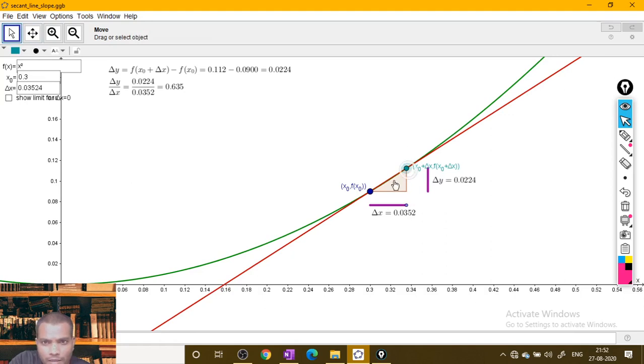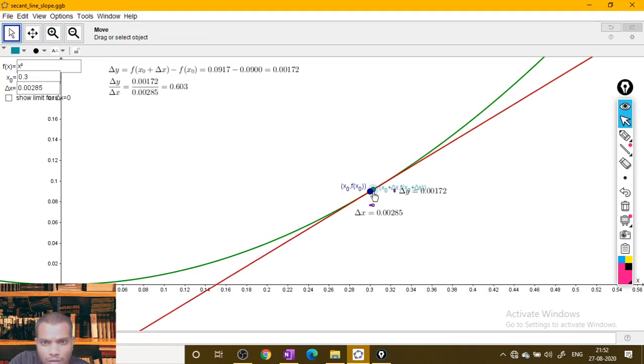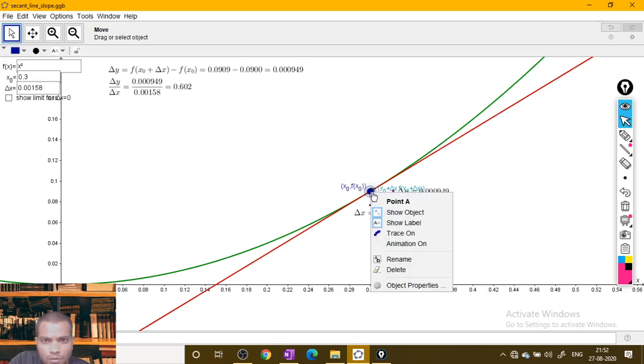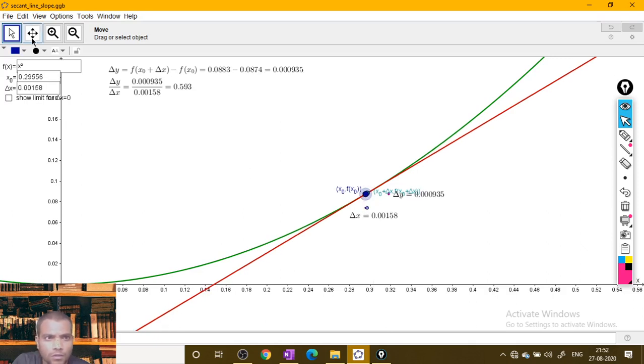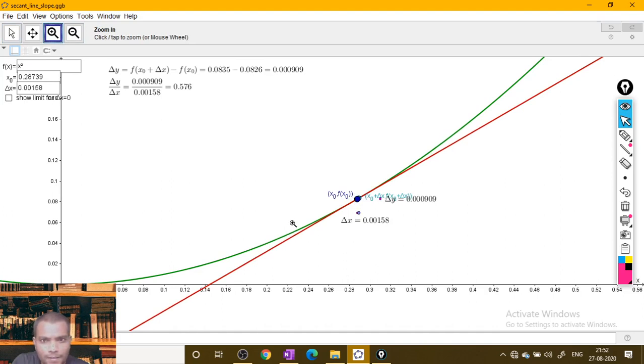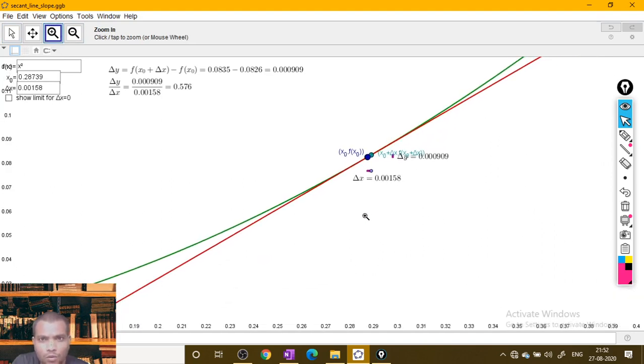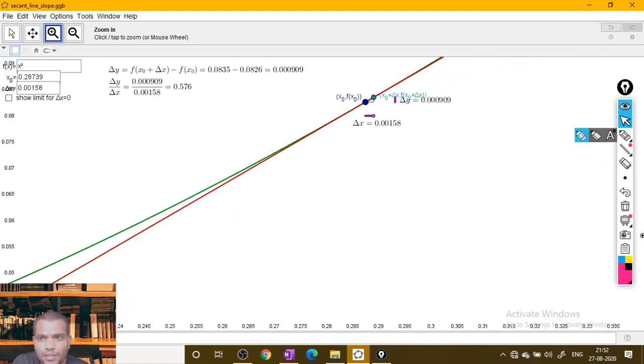If I bring these 2 points one over the other, instead of having 2 points, I will have 1 point only. Right now it still shows 2 points, since they are not completely close. Here you can see they are still a little far away.